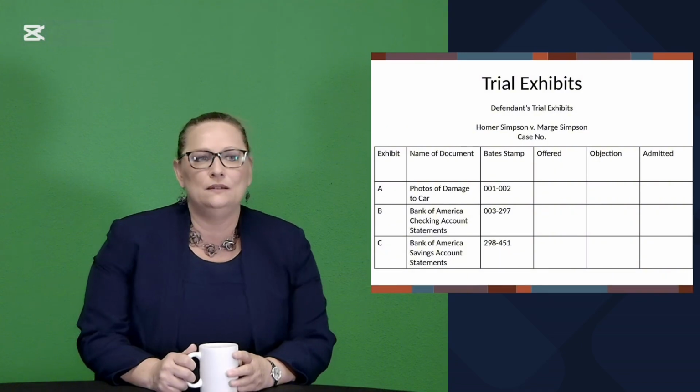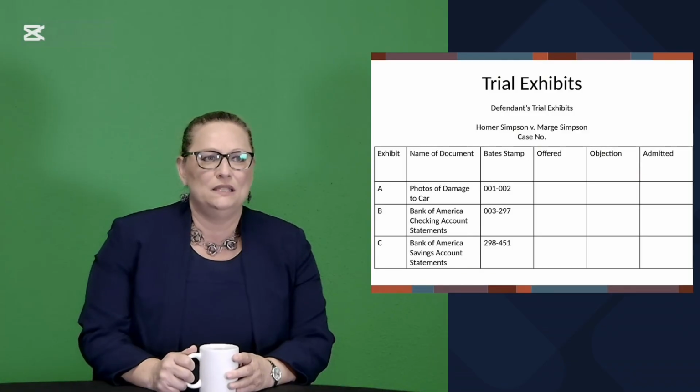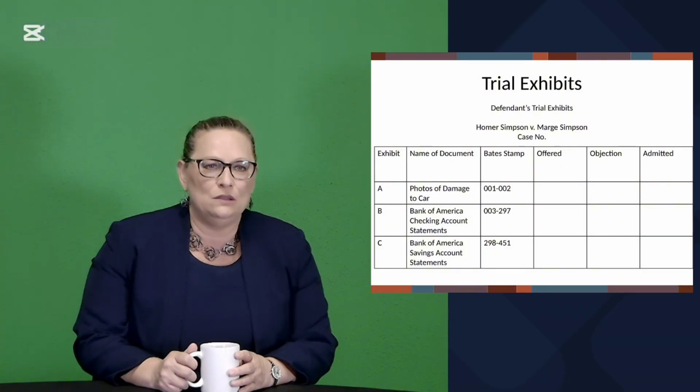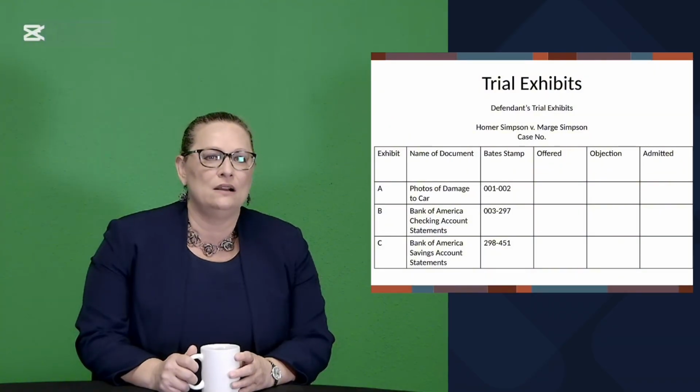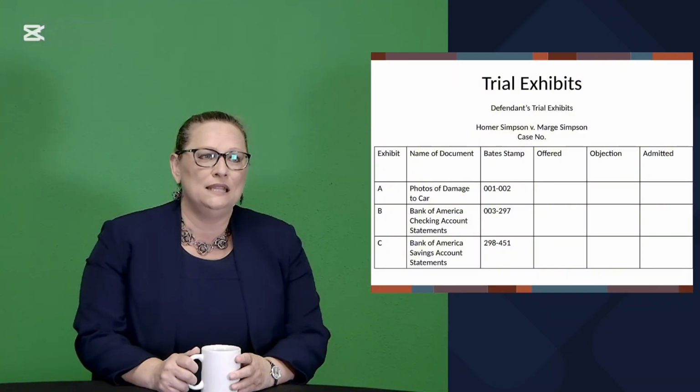So when you give this book of trial exhibits to the court clerk at the beginning of an evidentiary hearing, and they mark them up, they kind of receive them into their system, but that doesn't actually get you anywhere. The judge is not allowed to look at the trial exhibits until they've been admitted into evidence. And so for trial exhibits to be admitted into evidence, there are 2 different ways this can happen.